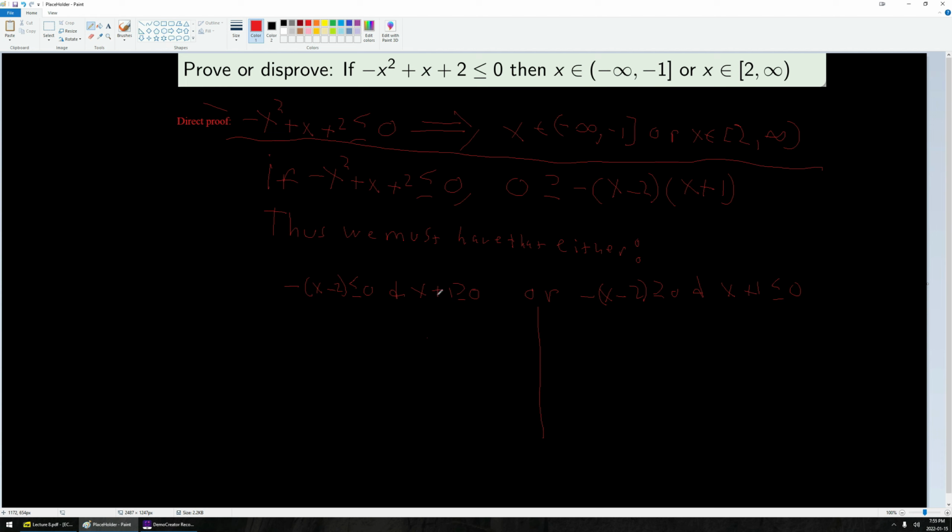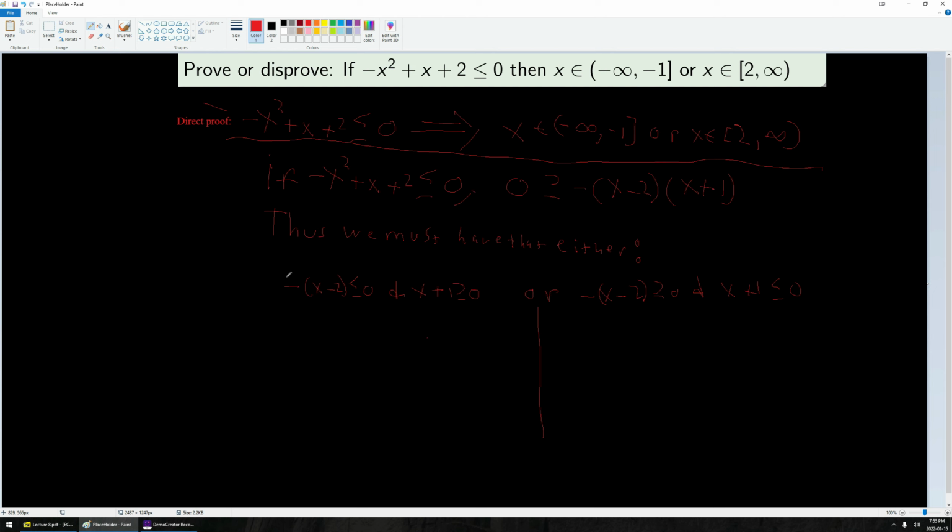Right? I can do this nice split using the properties that a positive times a positive is a positive, a negative times a negative is positive, and if I have positive times negative, I get negative. Right? So now I can analyze both of these cases, and hopefully, if it turns out that this is true or this is true, then I'm done. But if I get an extra statement, then I can find a counterexample that would break this.